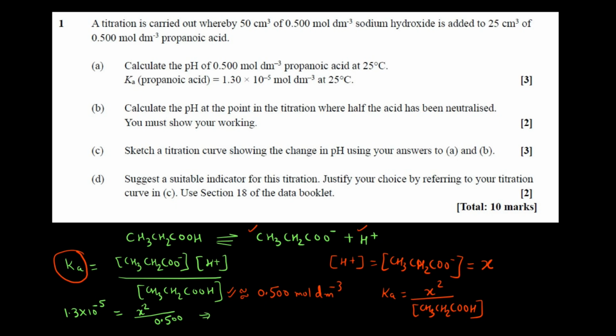So when we solve, X will be equal to the square root of 1.3 × 10⁻⁵ multiplied by 0.500. So this is the concentration of H⁺ ion. We need to find the pH.